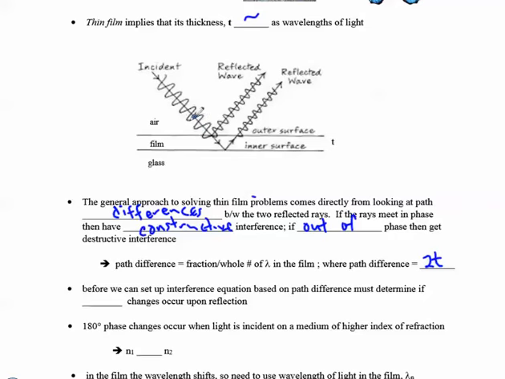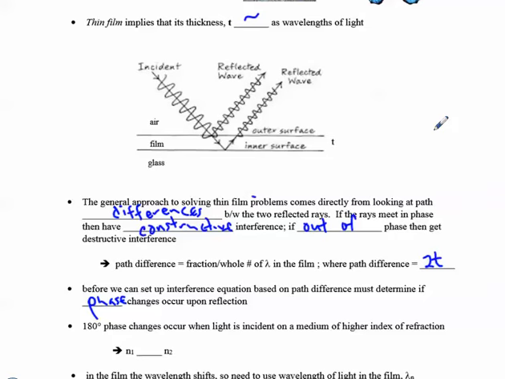If it's a polychromatic source, then there are multiple wavelengths. So for certain colors, the path difference will match up with a wavelength or a half wavelength or some other multiple of those. We just have to determine what the relevant integer is for our particular problem. Before we can go any further, we have to determine something that happens at the interfaces themselves, and those are phase changes. That requires a little bit more discussion.